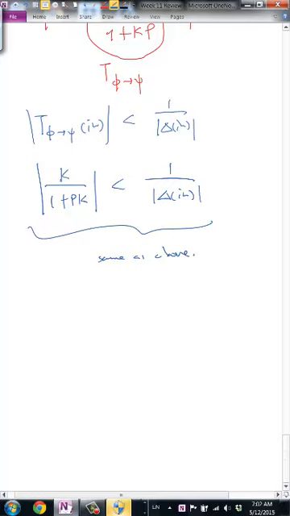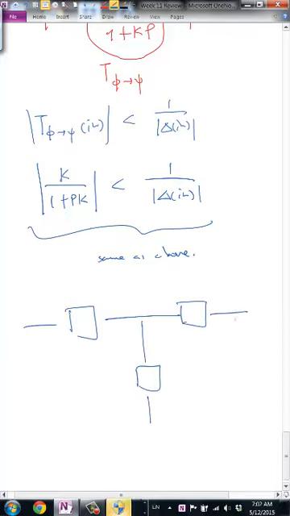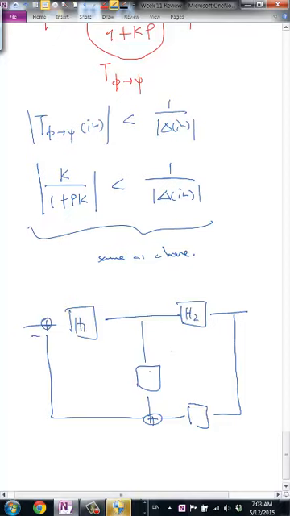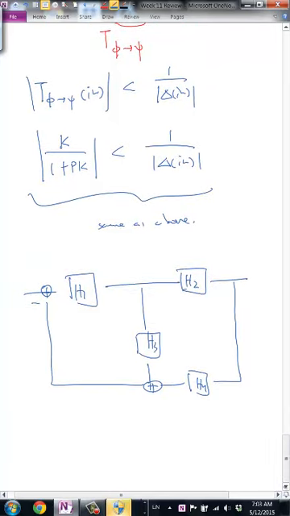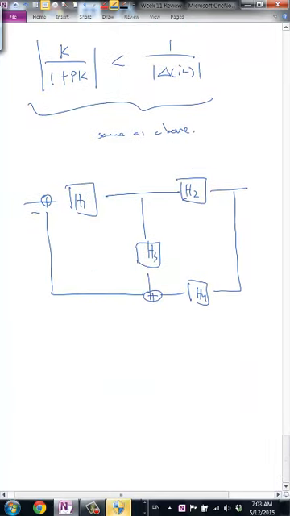So I would encourage you to do a few practice exercises. For a practice exercise, just make up any block diagram. Perhaps it doesn't have to be this complicated. H1, H2, H3, H4, and choose one of these to be uncertain.